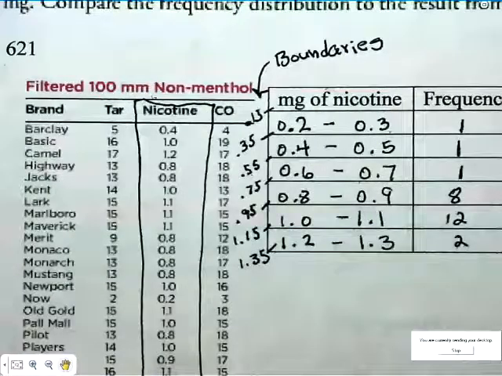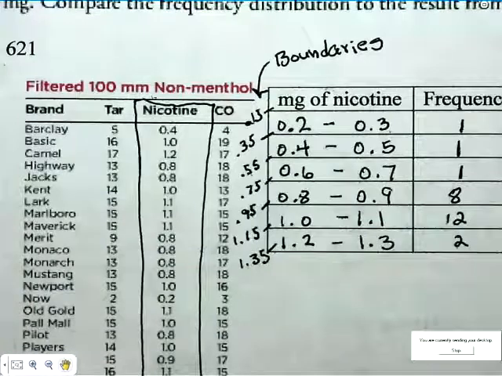The 0.3, I could have used, okay, I already had this lower limit filled in for all the classes. I could have gone all the way up. I want to get really close to 0.4, as close as I need to. I could have gone up to 0.39 or 0.399 or 0.3999, but I didn't need to because all of these were to the nearest 10th.